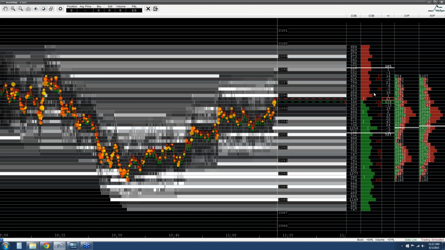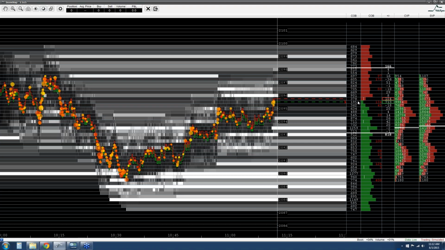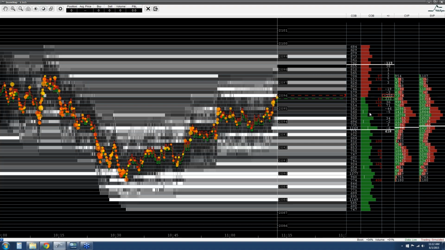Looking at the slope of the book, there's no mystery there. This 96 level, you see the orders lined up here, so it's definitely tilted in that direction. It looks like it's trading.